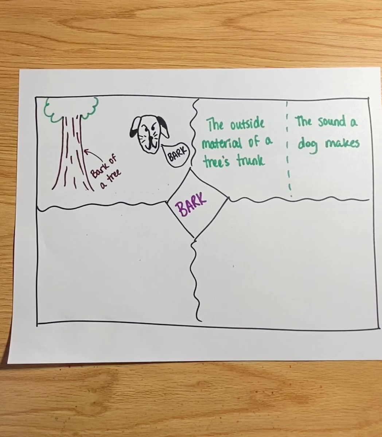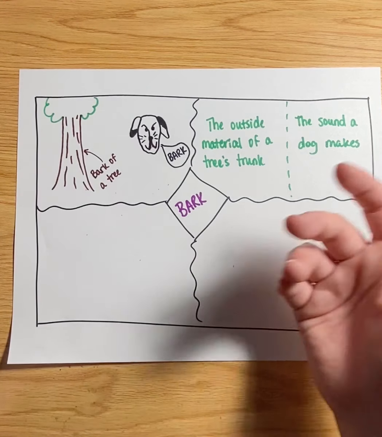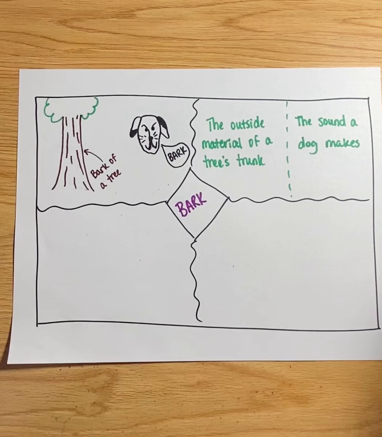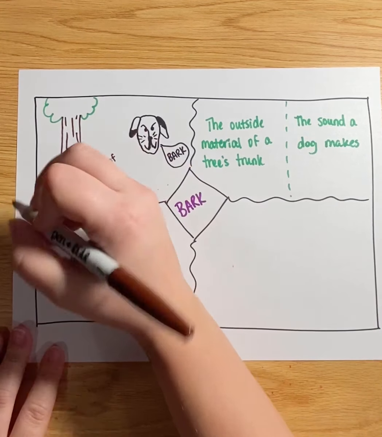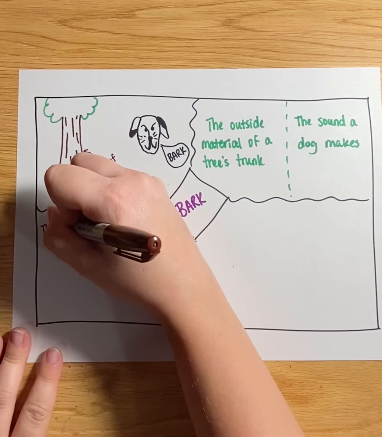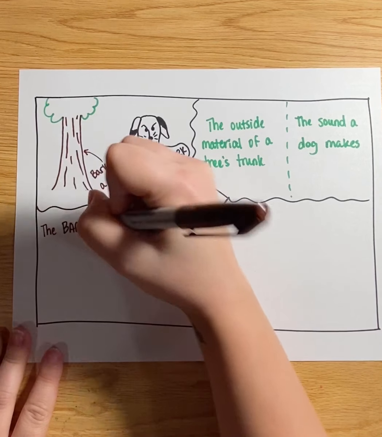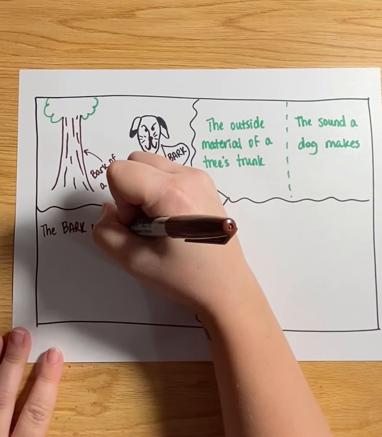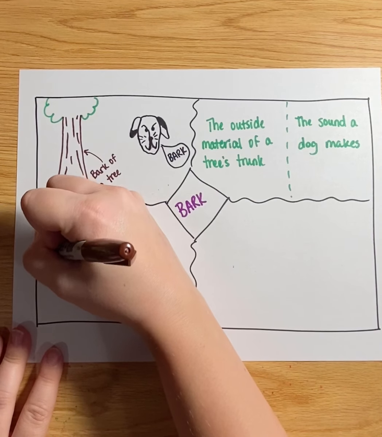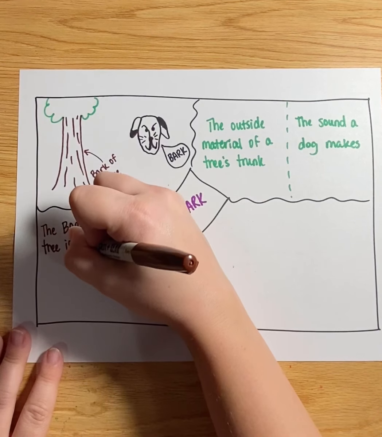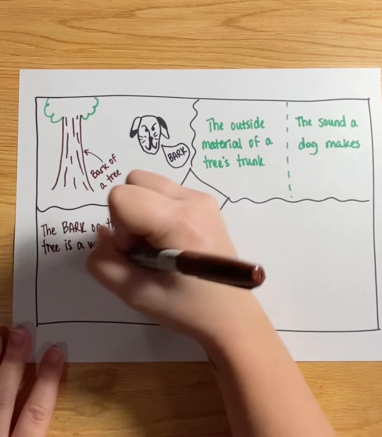Now, remember, when we're talking about words that have multiple meanings, it's important to break it down, and we're talking about both of those meanings in this sense, okay? So, if I were to write a sentence for tree bark, I could say, the bark on that tree is a weird color.